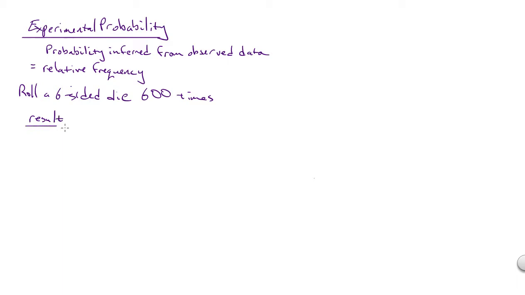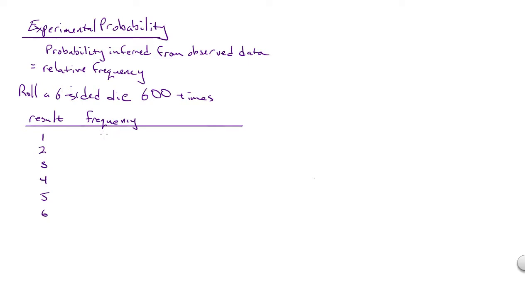So we'll have our results here. 1, 2, 3, 4, 5, 6. And we'll count how many times each result happened in our 600 times. And we'll call the number of times each result is rolled the frequency.